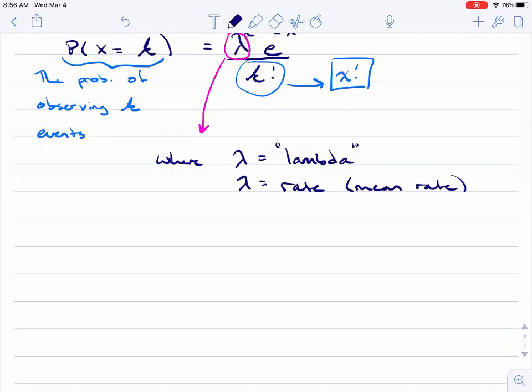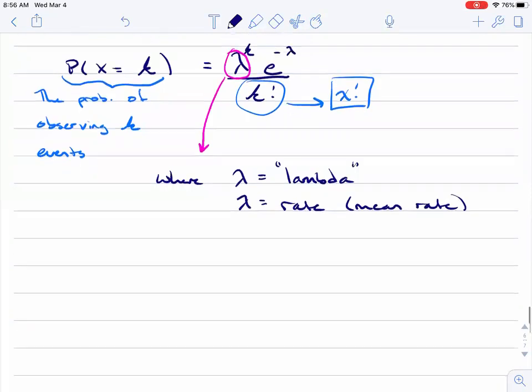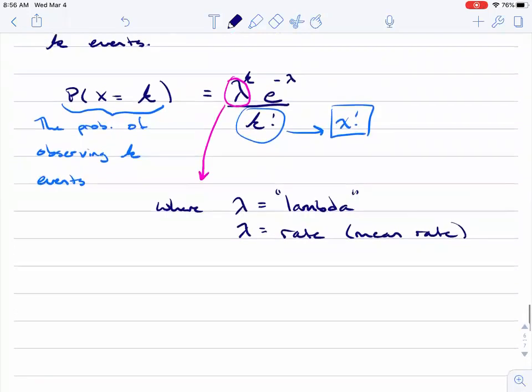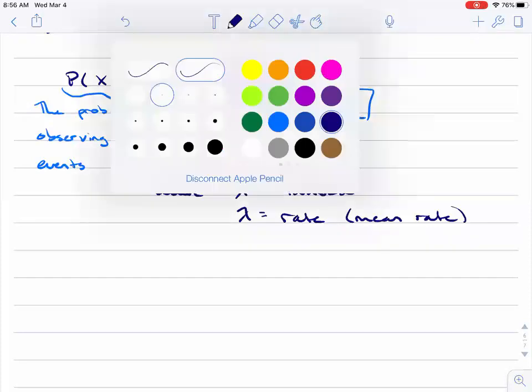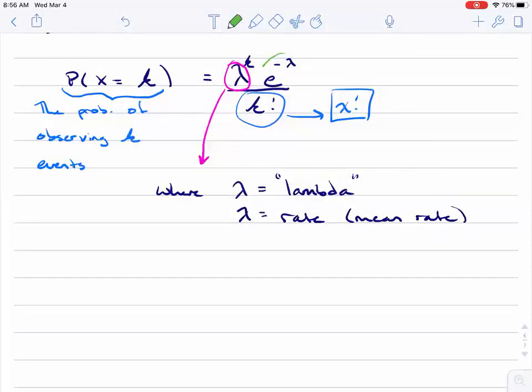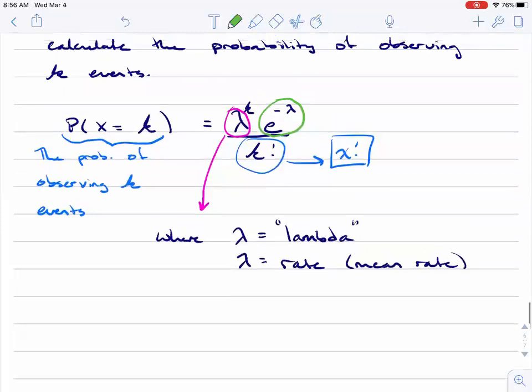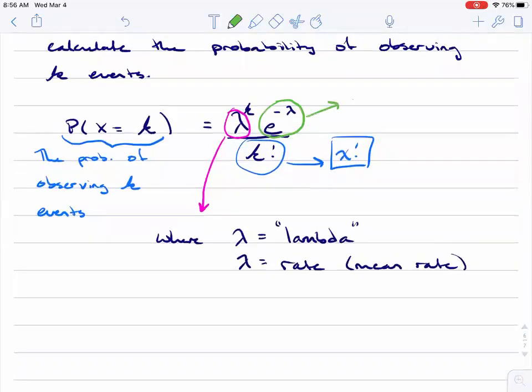Then that's your lambda. Or things occur with a rate of this, that's still your lambda. It just depends on how information is given to you. And here, e to the negative lambda. You should have an e to the x button on your calculator, which we'll see in the example when we do it.